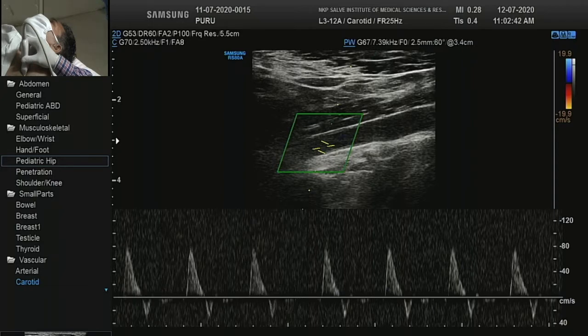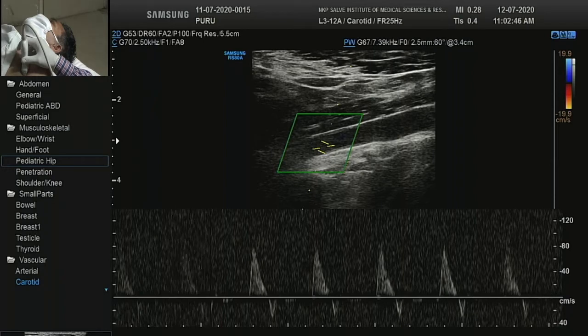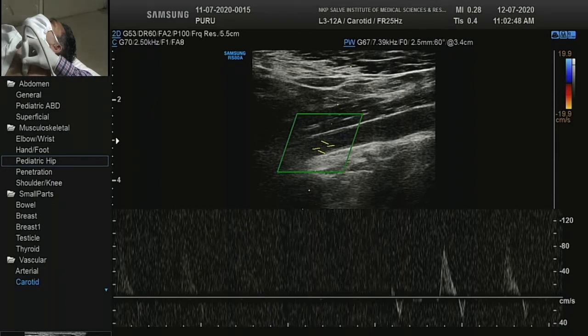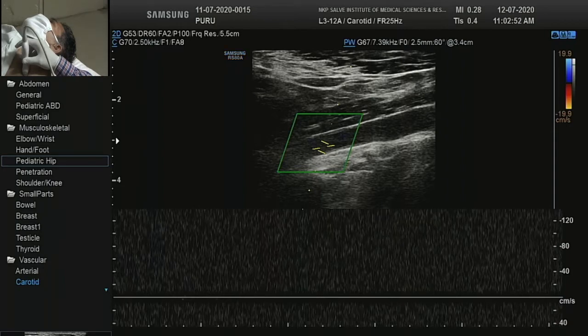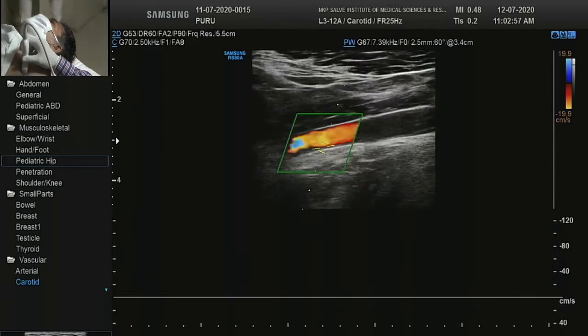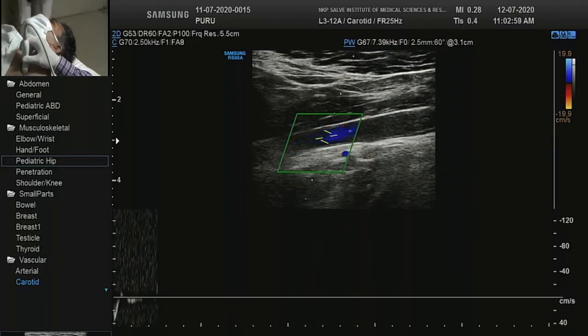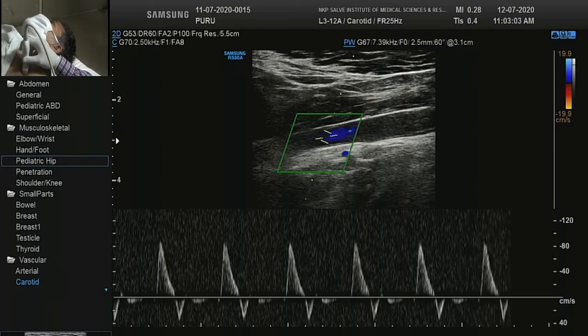See, we can appreciate Doppler in three different ways. One is color, second is spectrum, and third is the audible signal. The audible signal is within the range of human hearing, so you can listen to that. See this, I will increase the volume.